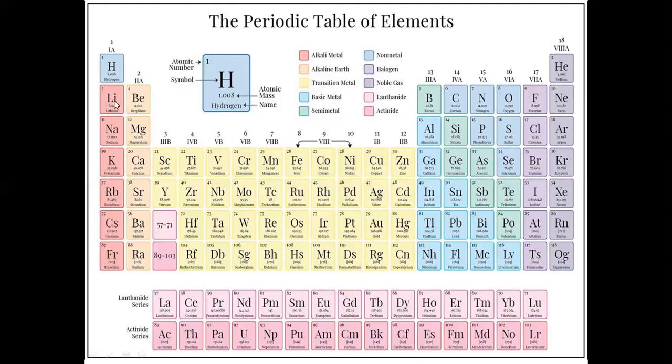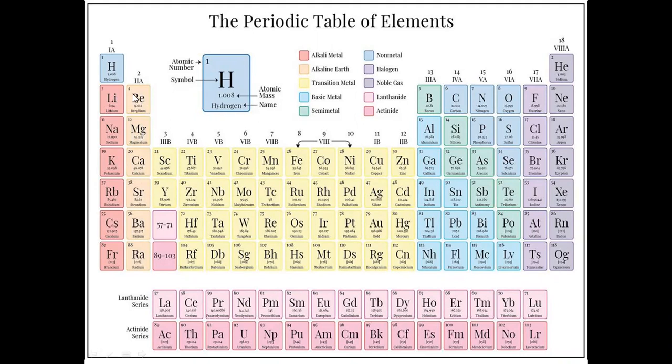Then, next word: electronic configuration. As we have to study only up to 20, that is up to calcium, the electronic configuration of all these elements is not the same. For example, if I take lithium, in the first shell we can have only 2 electrons, and 1 in the second shell.